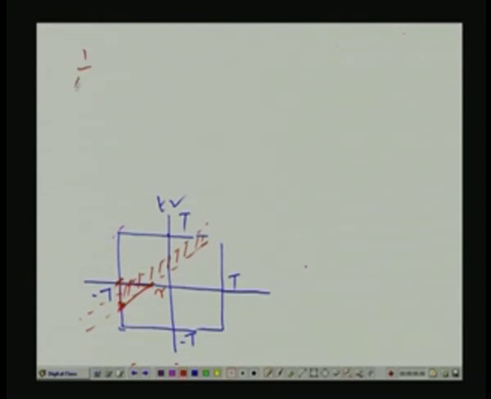That integral is 1 by 4 T square with respect to tau now. So, minus 2 T to 2 T, C tau into 2 T minus mod tau d tau. You can take one 2 T common here because there is a symmetry.